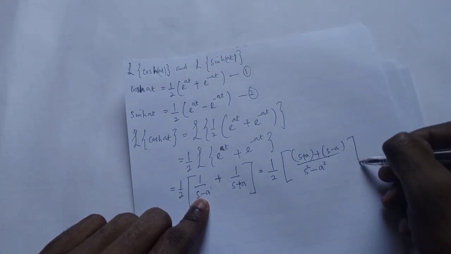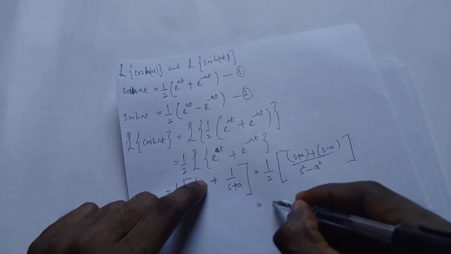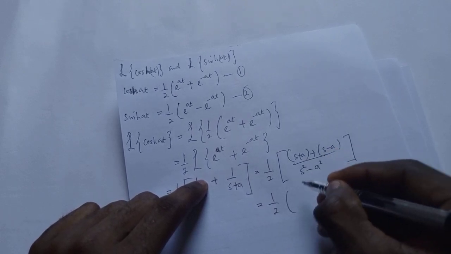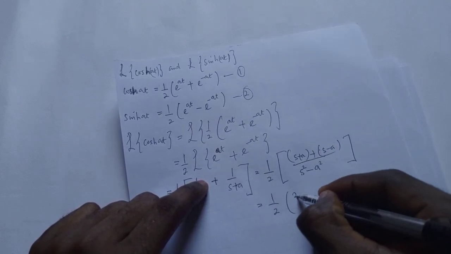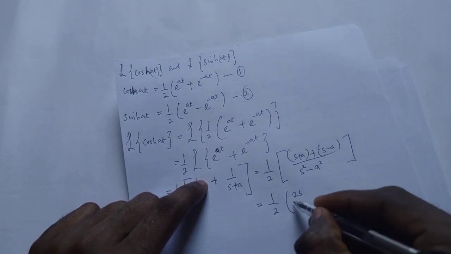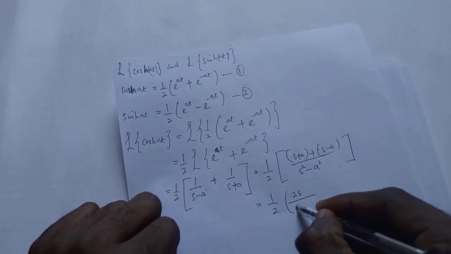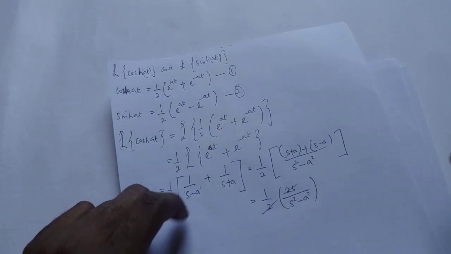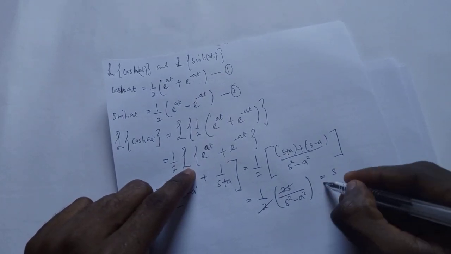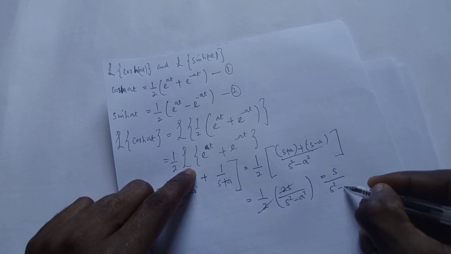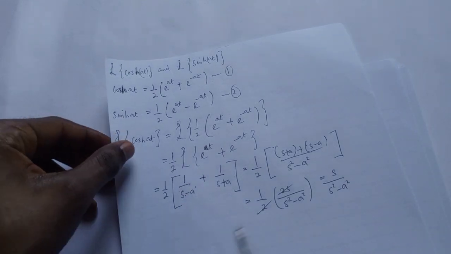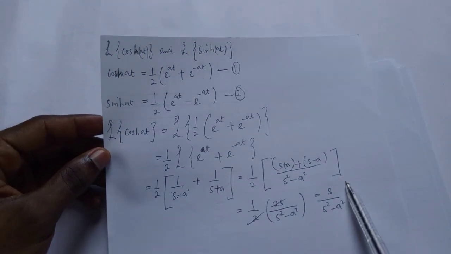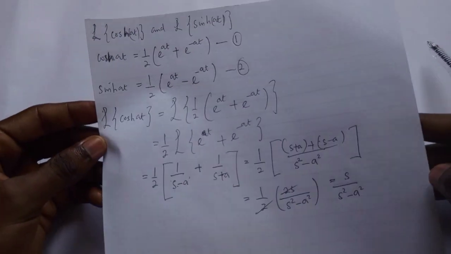So this is what I have. Okay, so the next is 1 over 2. Now s plus s gives me 2s, a minus a gives me 0. So I have 2s divided by s squared minus a squared. And of course these two can cancel out these two. So what I have is s divided by s squared minus a squared. So this is the value of the Laplace of cosh at.